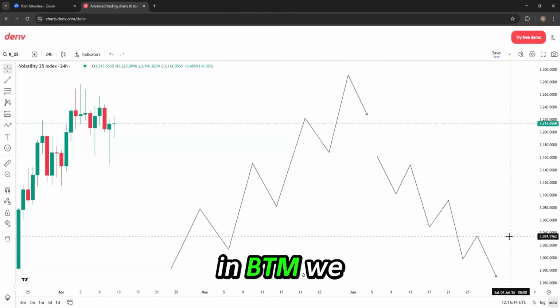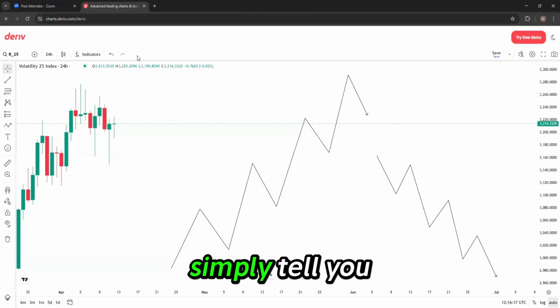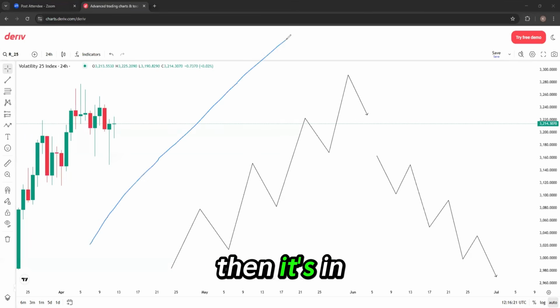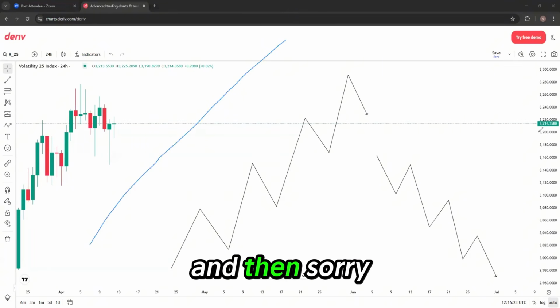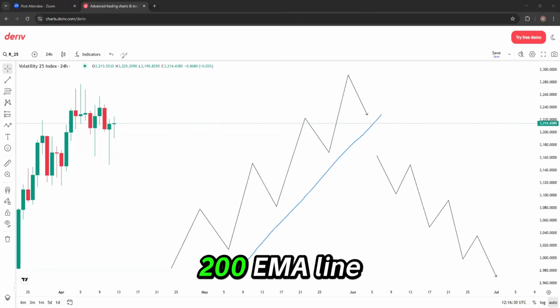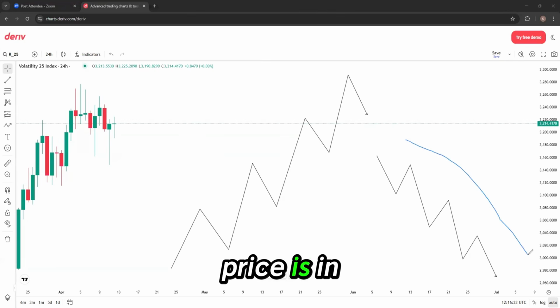In BTMM, we use indicators, where someone will simply tell you that if my 200 EMA line is below price, then it's in an uptrend, and if my 200 EMA line is above price, it's in a downtrend.